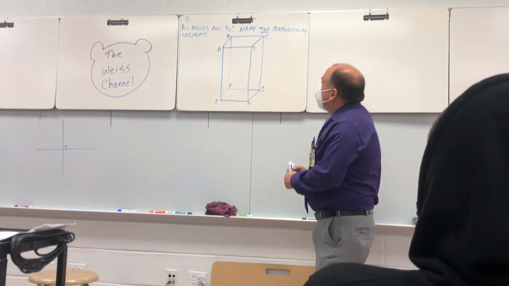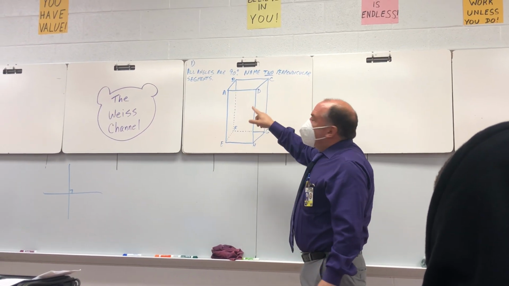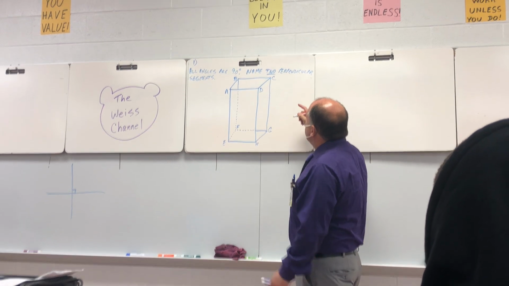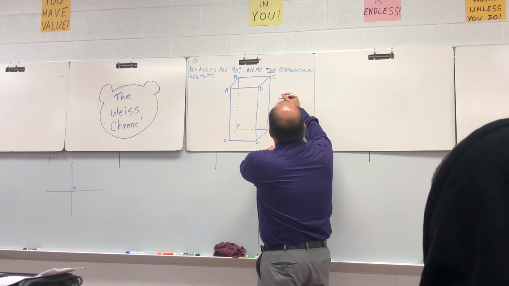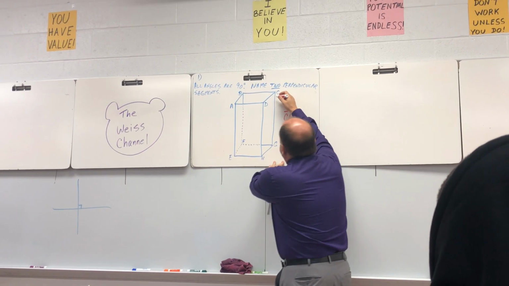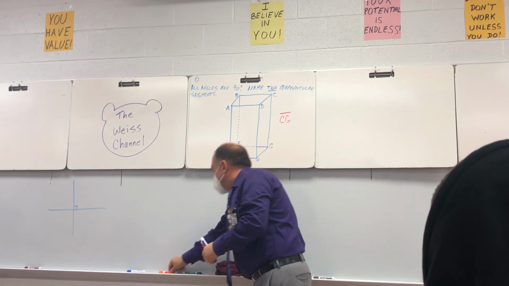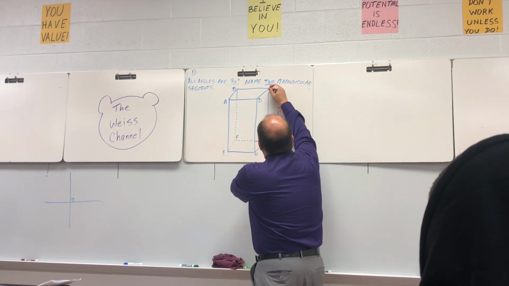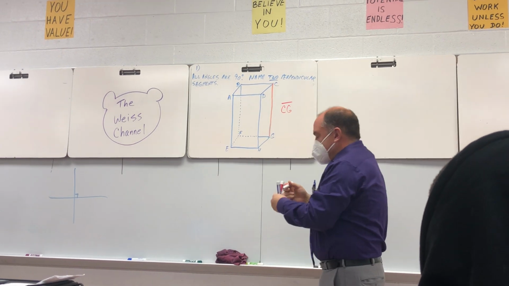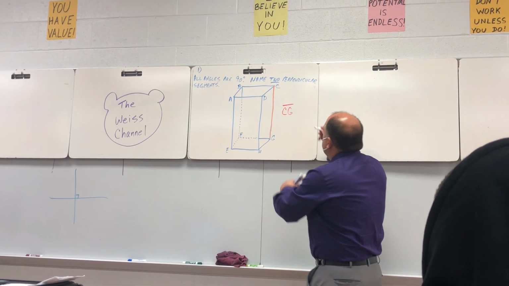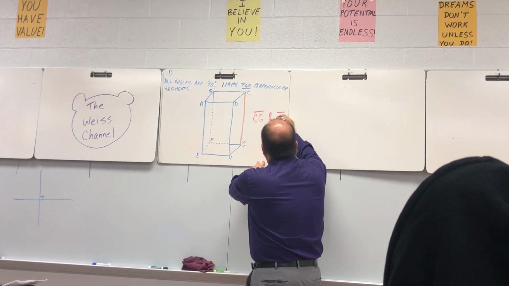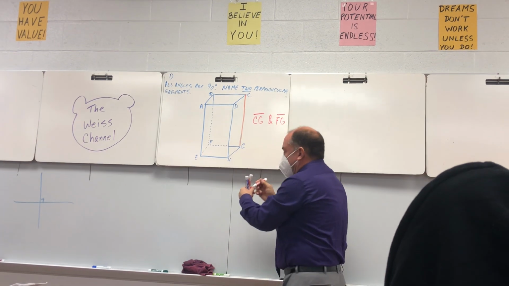Before I started recording, Christian went ahead and gave me 2 perpendicular segments. Christian said CG, which is this guy right here, is perpendicular to FG, or GF, one of the two.